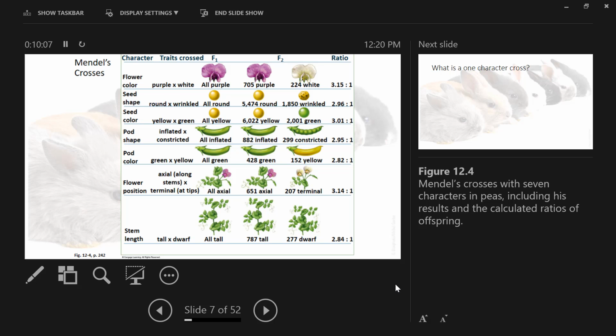And then to finish that 1-character cross, you cross 2 of the heterozygous individuals. We call these monohybrids because they're heterozygous at 1 locus. And then they're going to produce offspring that have both traits and in very predictable ratios, about 3 to 1. You see how close that is to 3 to 1? 3.15 to 1 is what he found. Yeah.